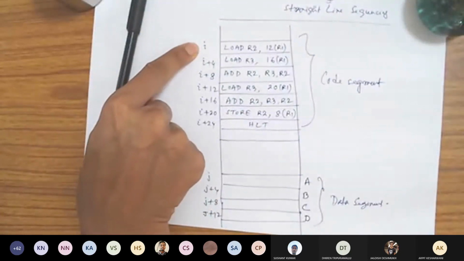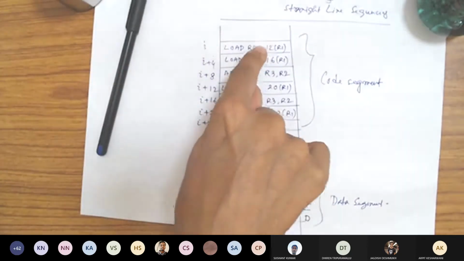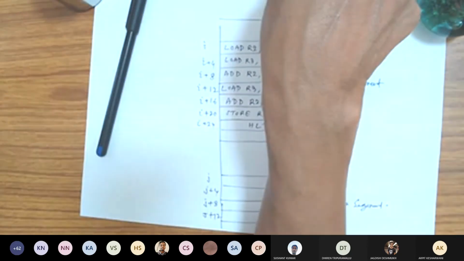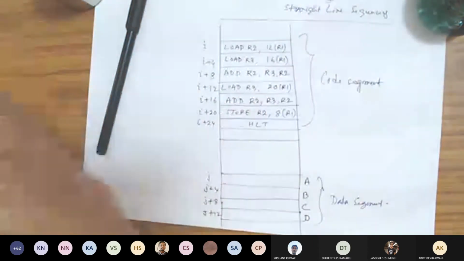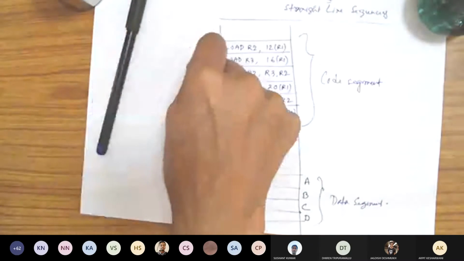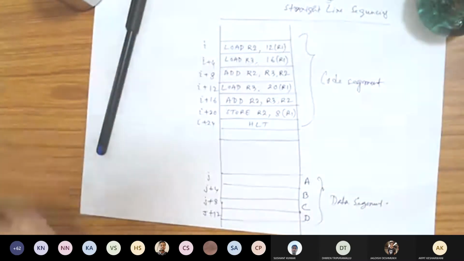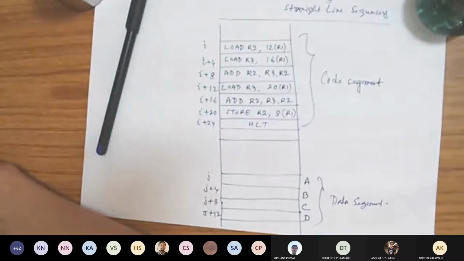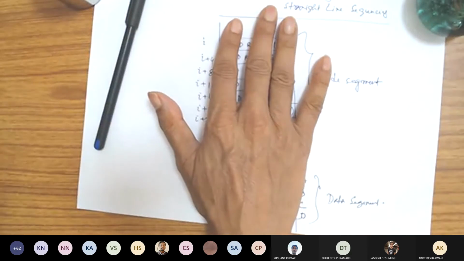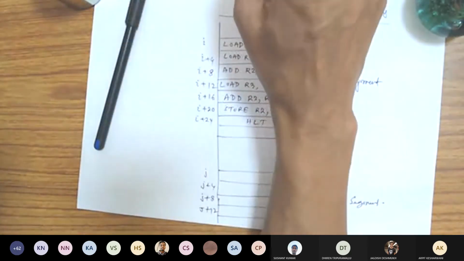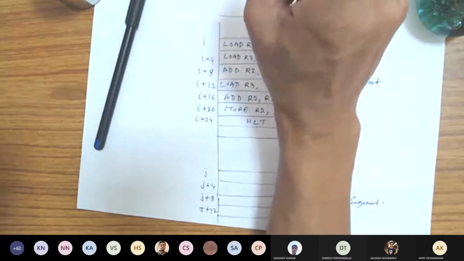Now, the physical value, when will you get it? When you know the value of I, while the instruction is actually stored in the hardware memory, while it is residing there so that it can be fetched, then you need the value of I. That's a physical location. So whatever we are doing on pen and paper, or whatever addresses you see printed in your C program, they are actually logical addresses.